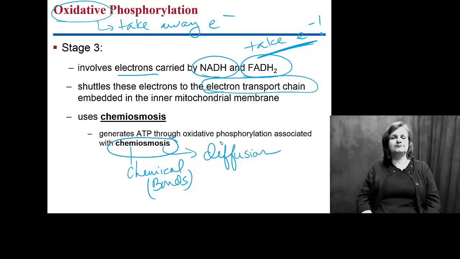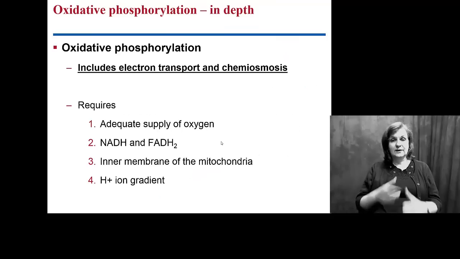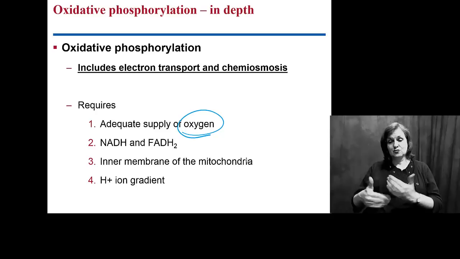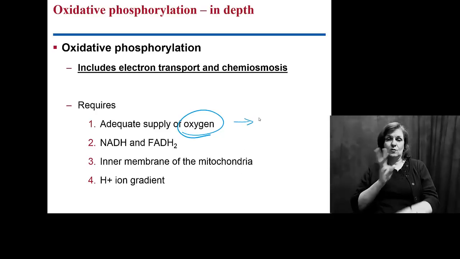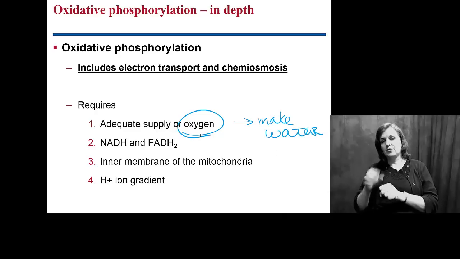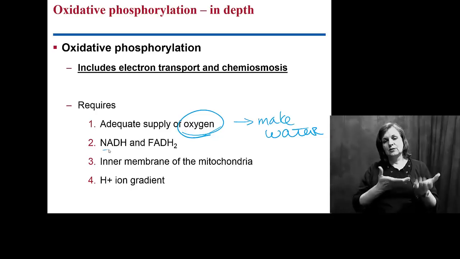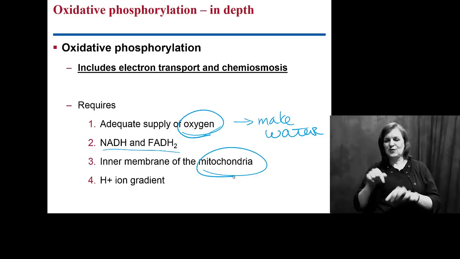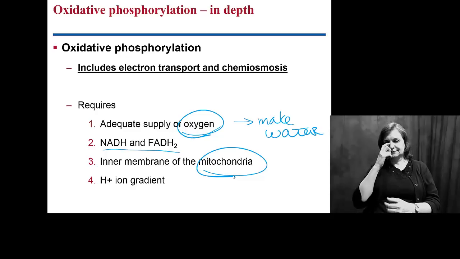So let's figure out how this part works. We need to put in oxygen. This process will actually make water in the end. So we have to have plenty of oxygen to do that. We need our electron carriers. We need a mitochondria. Bacteria cannot do this. They don't have the mitochondria.